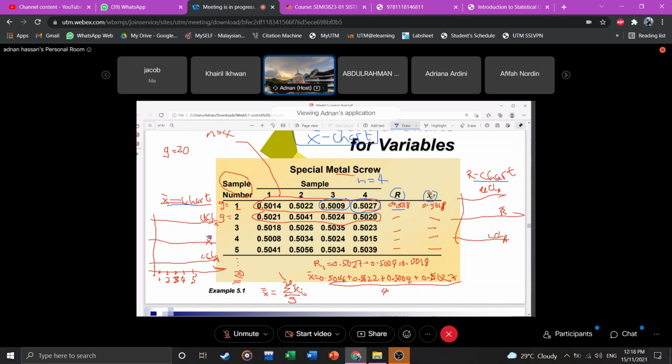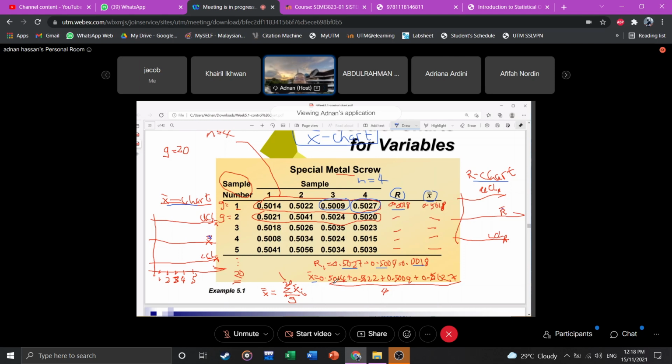Okay, so X bar is already shown here. X bar is the summation of all these, 0.5014, 0.5022, plus 0.5009, plus 0.5027.